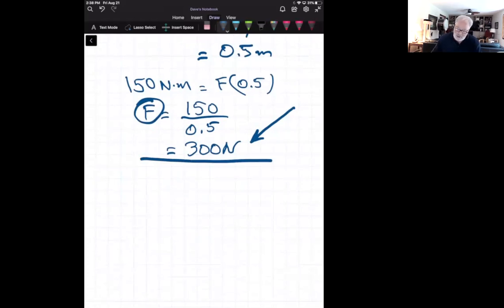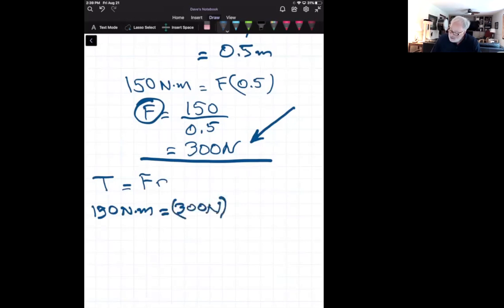And something I want you to think about: this is our equation, force times radius equals the torque, and in this case, 150 Newton meters is developed when a force of 300 newtons is applied to a radius of 0.5.